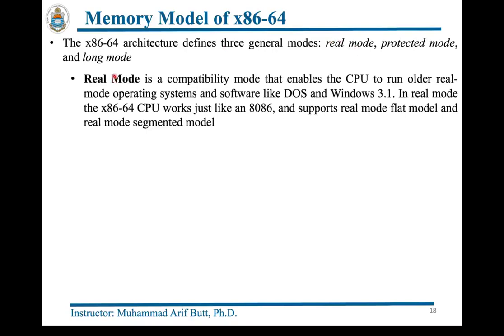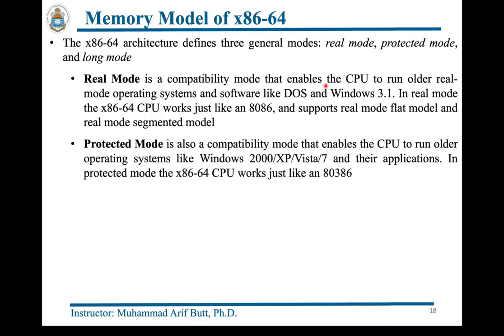Well, real mode is a compatibility mode that enables the CPU to run older real mode operating systems and software like DOS, that is the disk operating system, and Windows 3.1. In real mode, the x86-64 CPU works just like an 8086 and supports a real mode flat model and real mode segmented model.